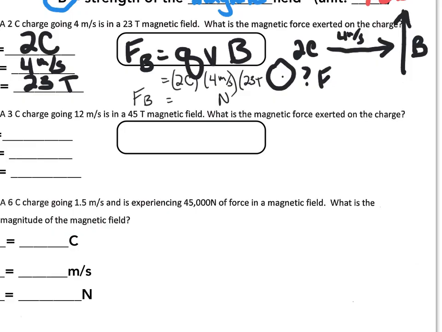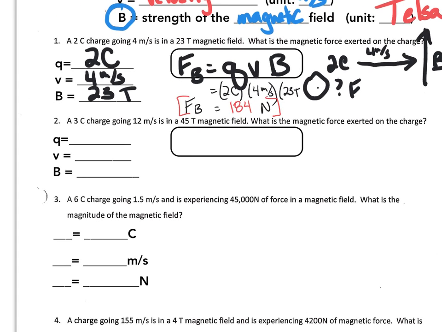But what's the final answer? 8 times 23 is 184. I did that on my calculator as a little side quest, and found the strength of the force is pretty big. So 2 coulombs of charge moving pretty slowly, 4 meters per second, through a gigantic magnetic field, they're going to feel a pretty significant force of 184 newtons.